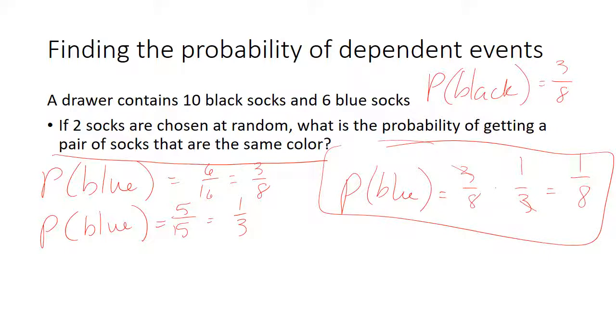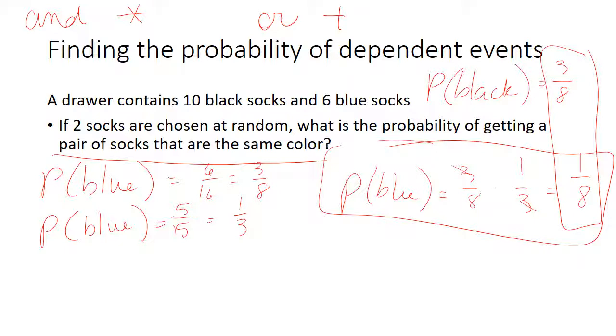If your outcomes are separated by the word or, then we're going to add. We're looking for black or blue, so I'm going to add my 2 probabilities. If the outcomes are separated by the word and, like these, where I want a black and a black, I'm going to multiply. So that's just a little hint. If you're looking for an and, you multiply. And if you're looking for an or, we add.